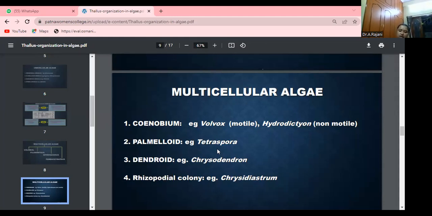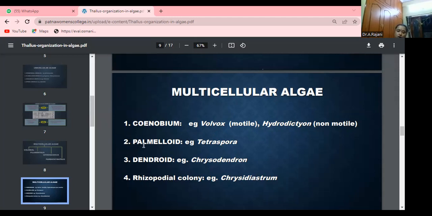But in the palmelloid, that is the difference between coenobium and palmelloid: there is no fixed number of cells. And these non-motile cells, listen carefully, are embedded in an amorphous mucilaginous sheath or mucilaginous cover. The best example, Tetraspora. Shall I repeat this one?